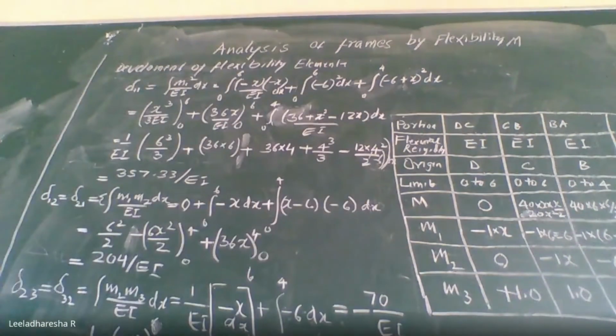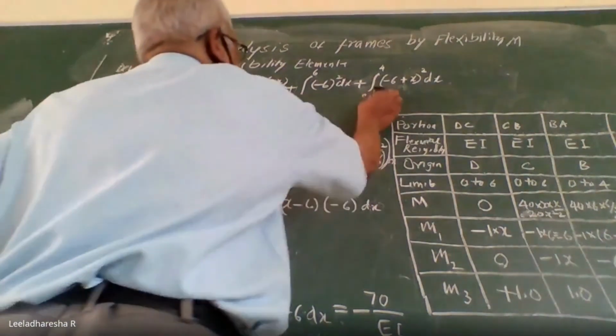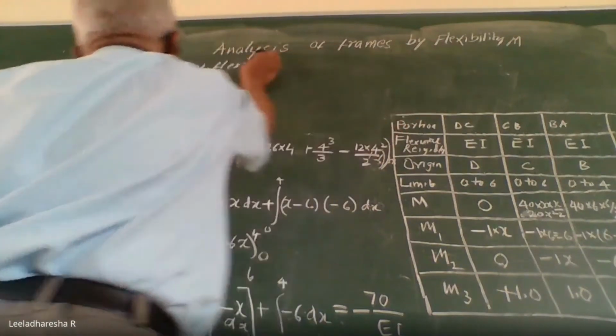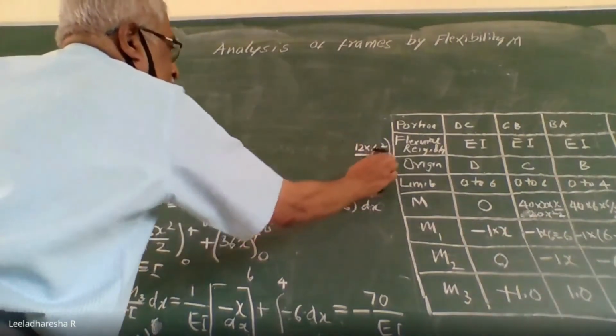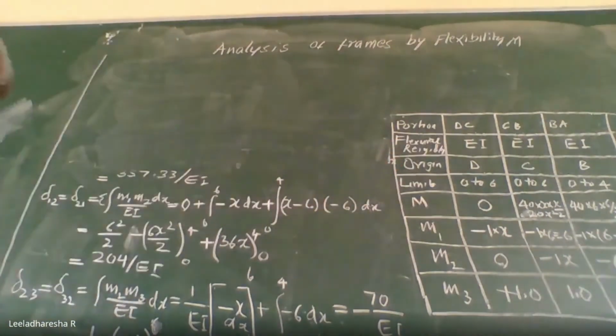See, now we developed almost all except one element of the flexibility matrix, that is delta 3 3. So once again we need to go for integration.